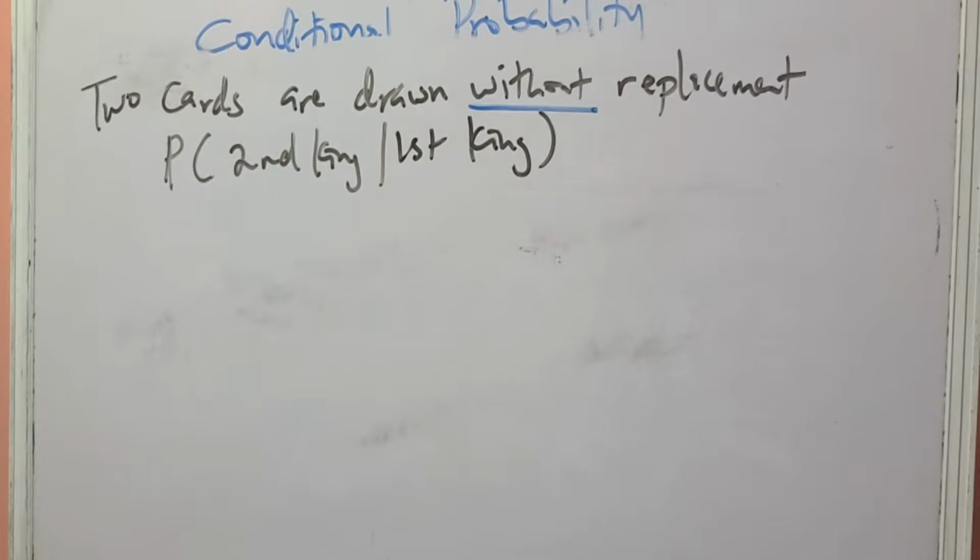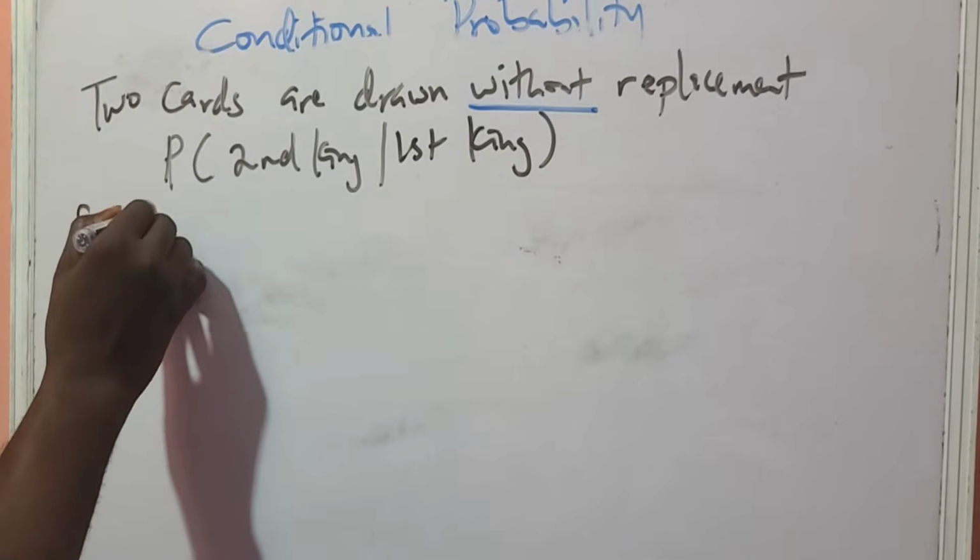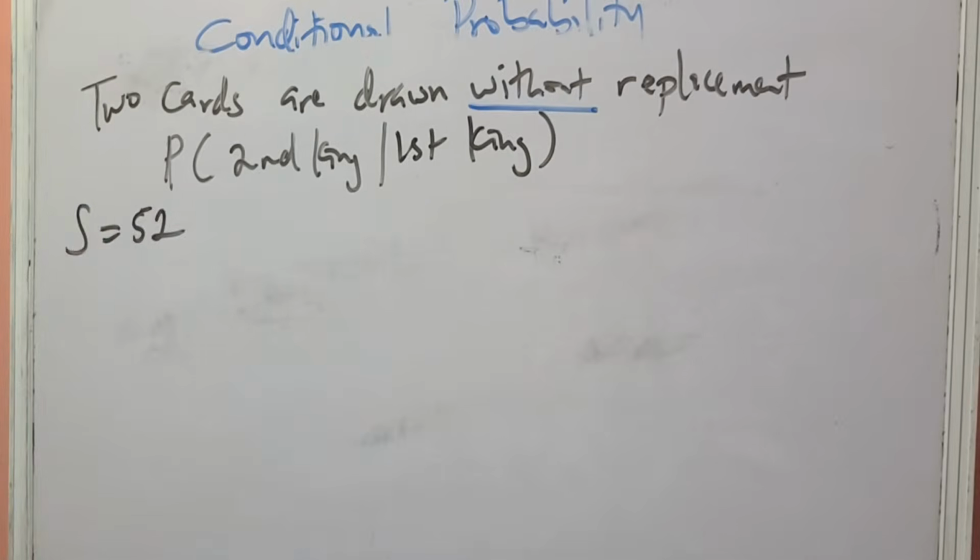I told you guys already, once you have an issue with understanding the experiment being carried out, it's very difficult, if not impossible, for you to get the answer. So when you're drawing 2 cards, you know the sample space for a standard deck of cards to be 52. Don't forget, 52 is the general sample space when you are trying to draw cards.